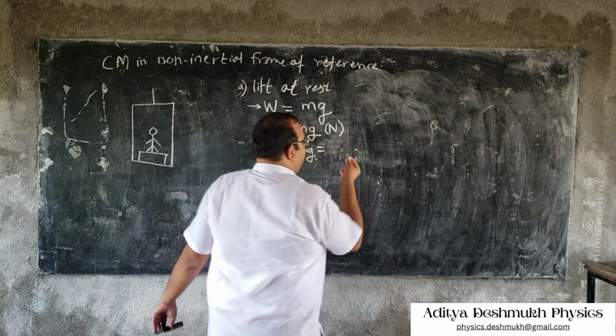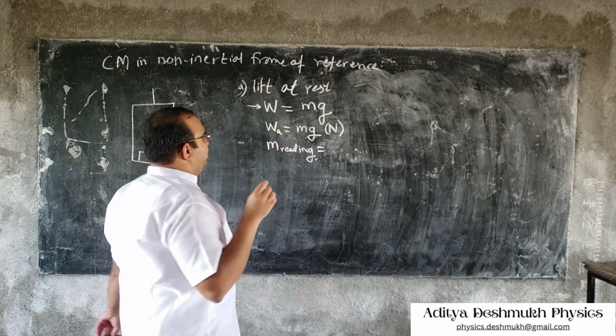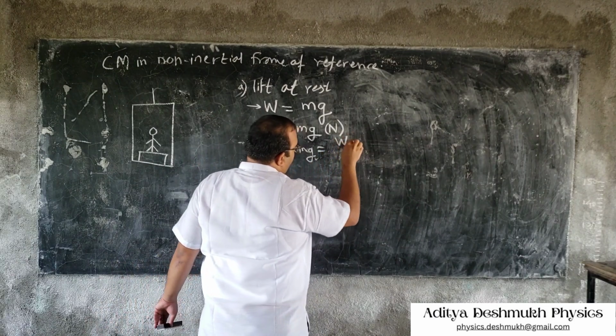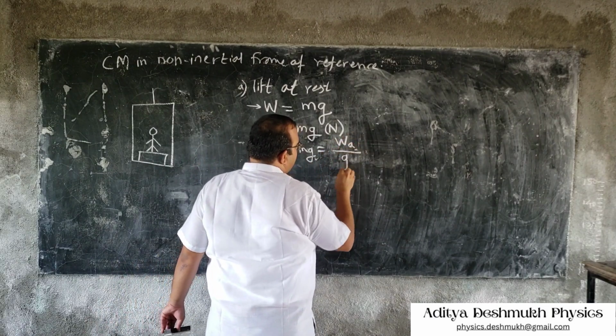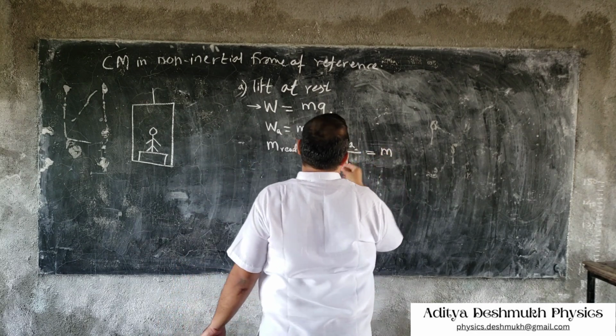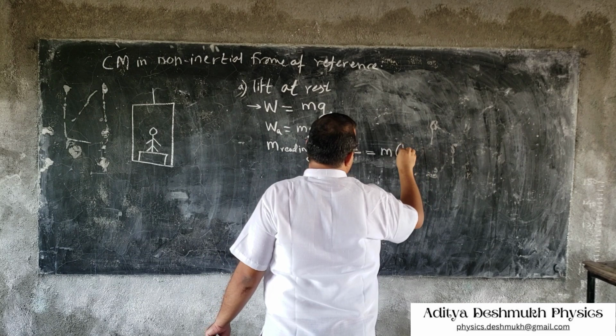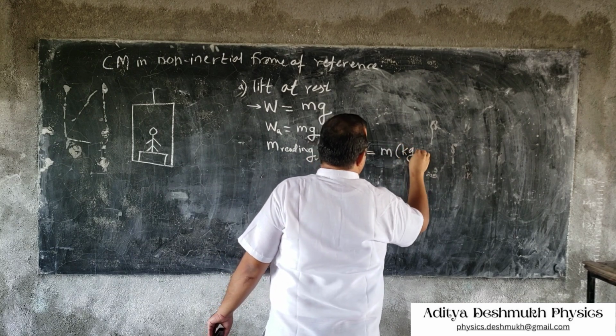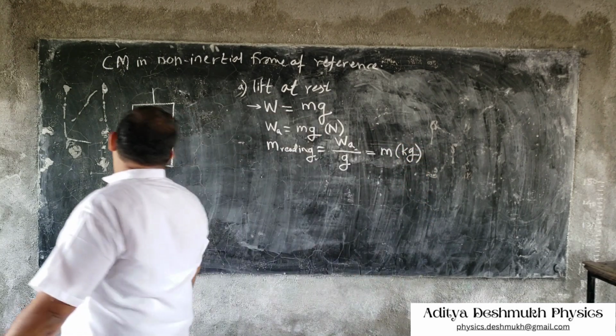So the instrument in the weighing scale just divides the weight by g. So here we will get m, which is the actual mass of the person.